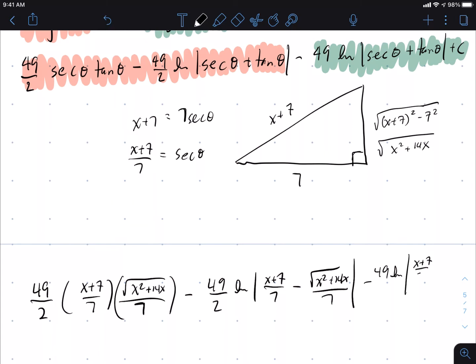X plus 7 over 7 minus the root of x squared plus 14x all over 7, absolute value, plus some constant c.